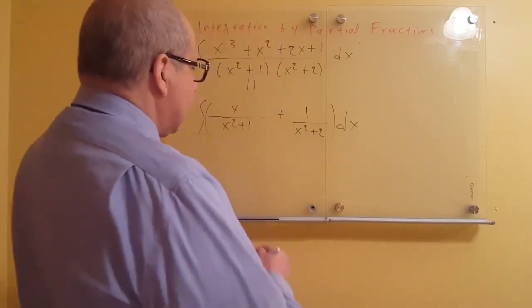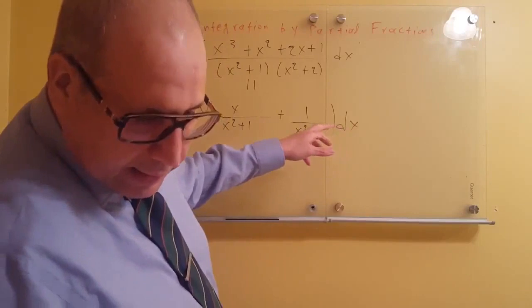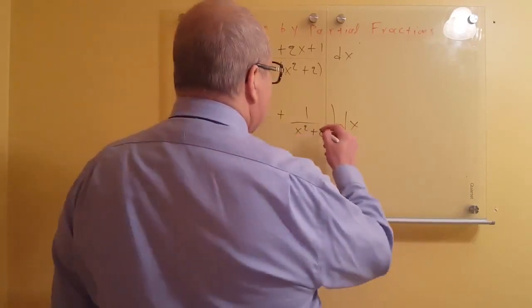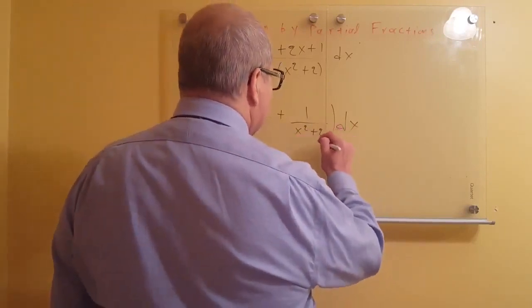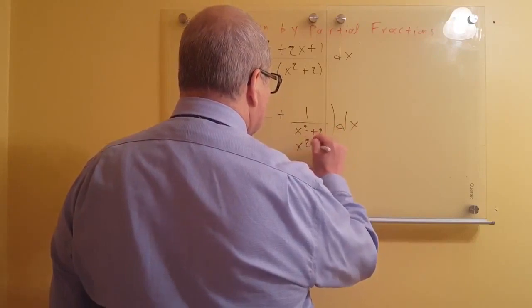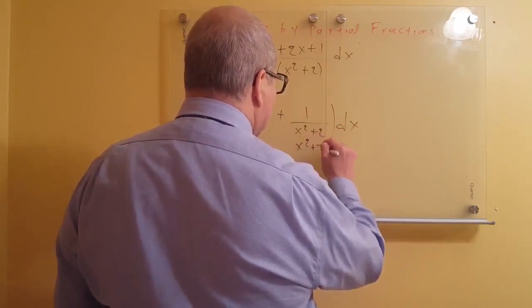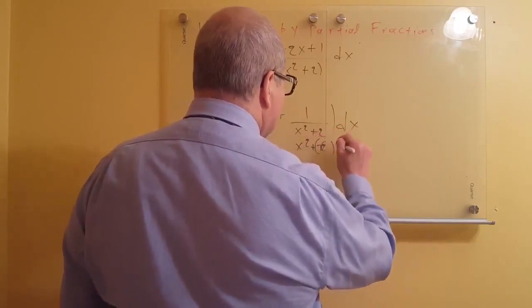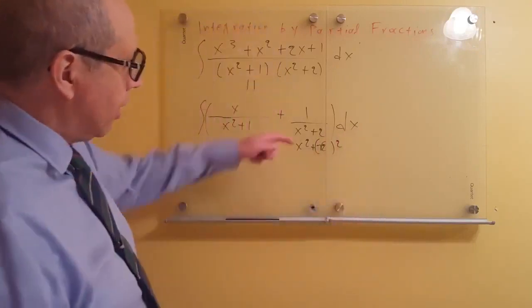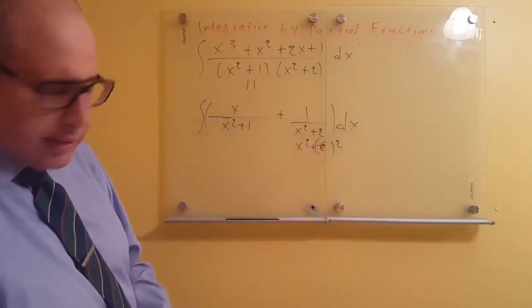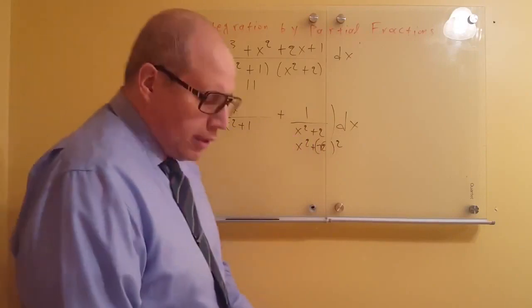So that means that this here you can write as x squared plus square root of 2 squared. Okay, so that means that your a in this case is square root of 2.